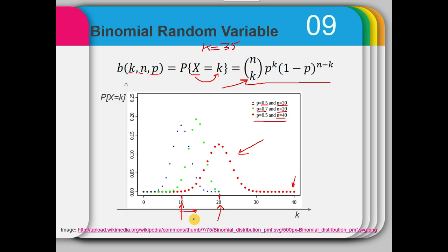We are hopeful that there will be more successes than failures. So in this area, you can say we have more successes and fewer failures, or on this side, we have more failures and fewer successes. So obviously, when the chances of success are high, this area has to have more probability. That is why the green dots are shifted towards the right side. I hope you understand this distribution, because it will help you understand how a binomial random variable behaves.